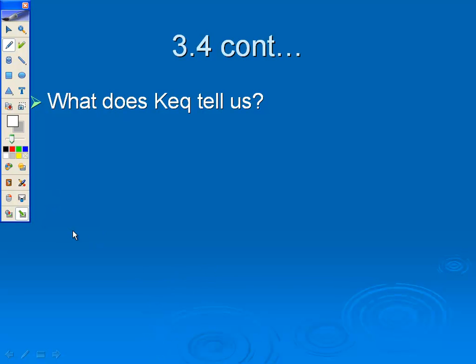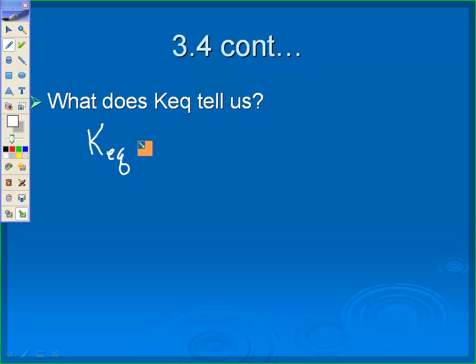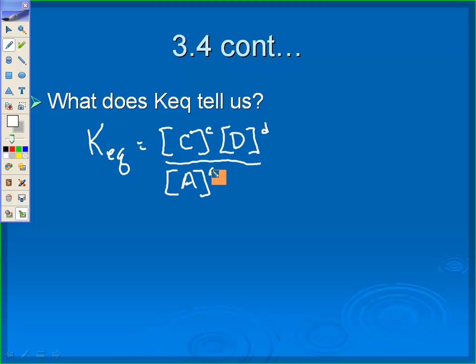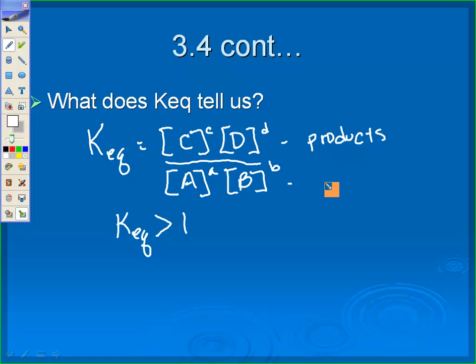So if you look at KEQ, and we look at the definition, back to our definition, if KEQ is large, i.e. if KEQ is bigger than the number 1, that tells us that the numerator, which represents our products, that factor ends up being a bigger number than your denominator.